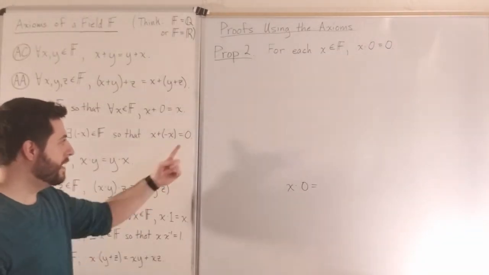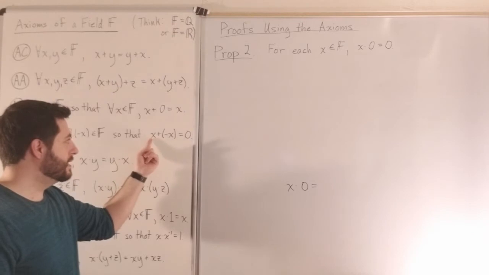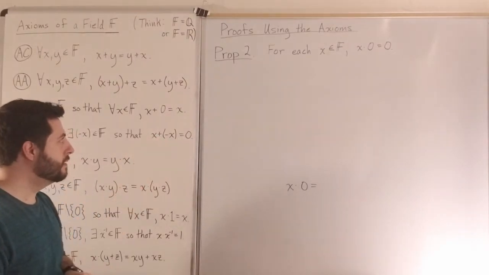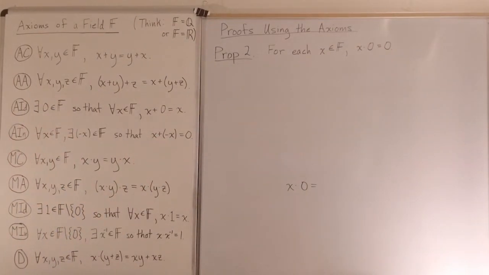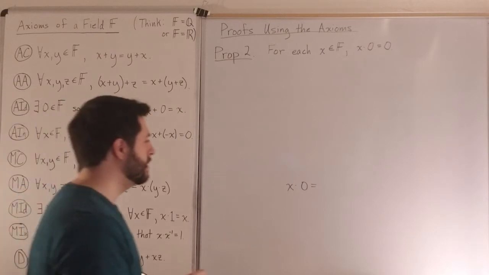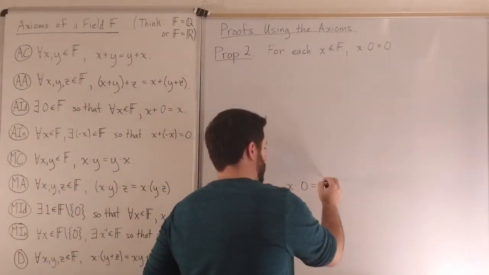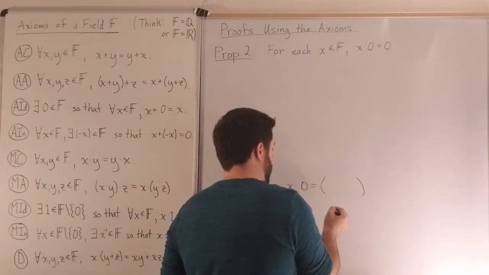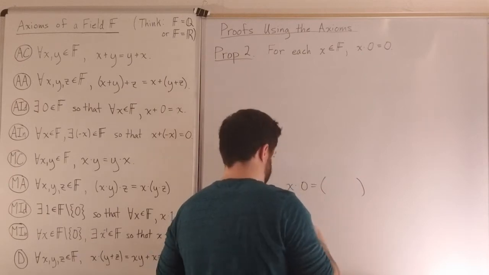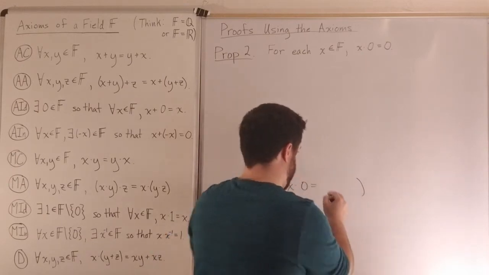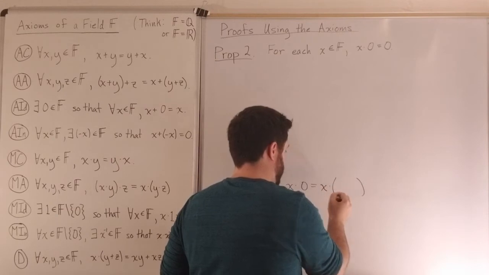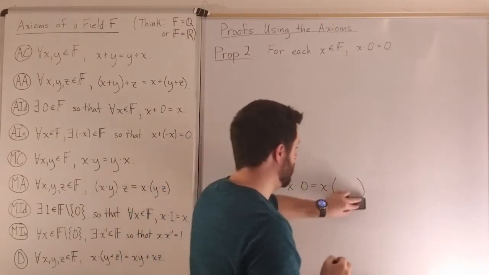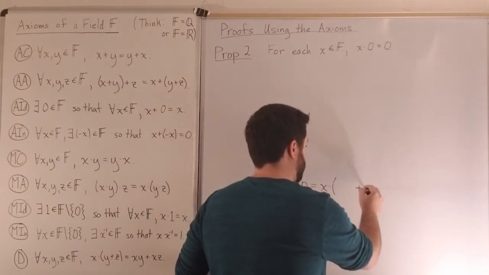For example, one of the ways we could write 0 is something plus its opposite. Okay. So one of the things we might want to do is write this 0 as something plus something.